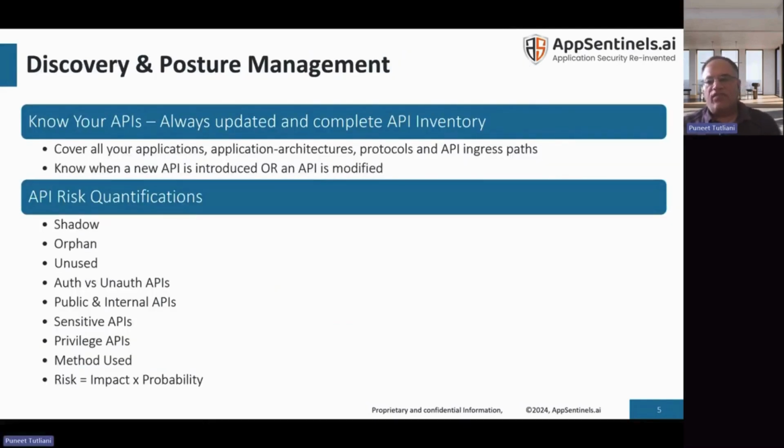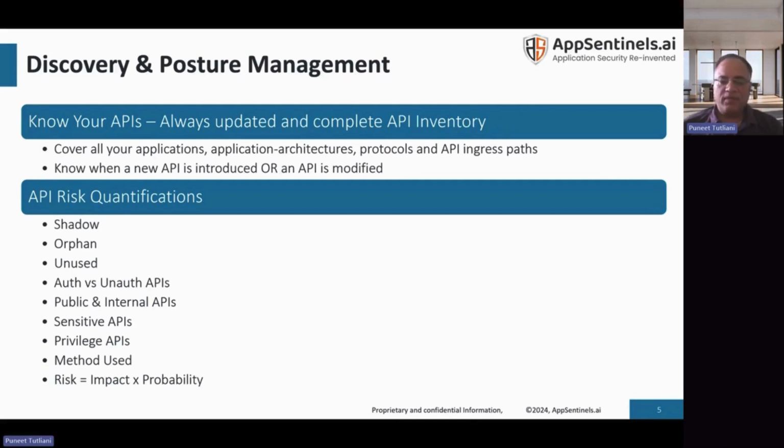Now, first and foremost, discovery is important. You cannot protect what you don't know. As security practitioners, one should know how many APIs they have. You should always have an up-to-date and complete inventory of APIs. This is not a small problem.